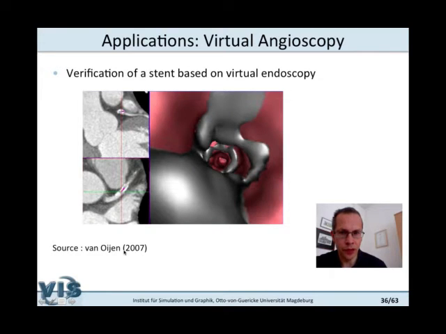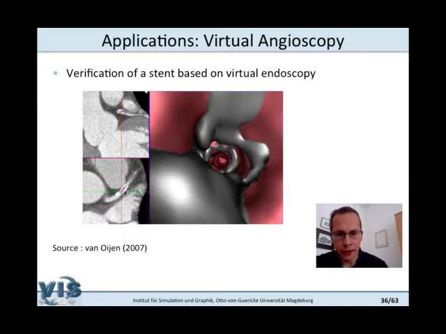Yeah, that's from the same publication. Another screenshot, again combining different views, different orthogonal views, and a related 3D view. What you see here is in reddish colors the wall of the vascular structure, and these gray colors here represent a stent. Yeah, you see the stent also here.